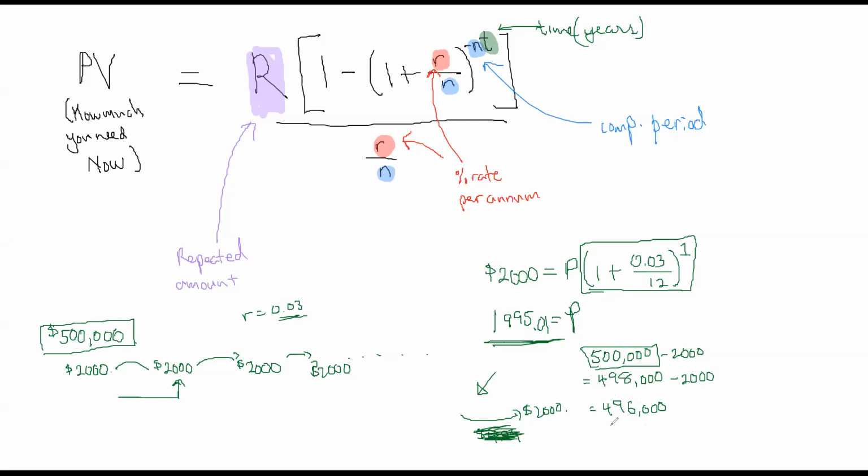You actually owe $496,000 plus an extra $4.99, because remember, you actually didn't pay that $4.99 back. You only paid back $1,995 and 1 cent. A bit of a cheese ball, isn't it?